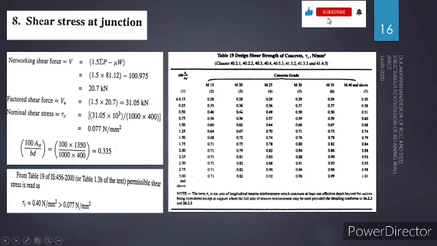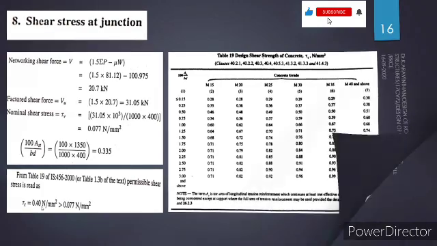So in between these some value will lie, so you have to interpolate, and the value after interpolation is 0.4 Newton per mm square. So the shear stress which is acting is 0.077, and the concrete shear strength capacity is 0.4 Newton per mm square, hence it is safe.